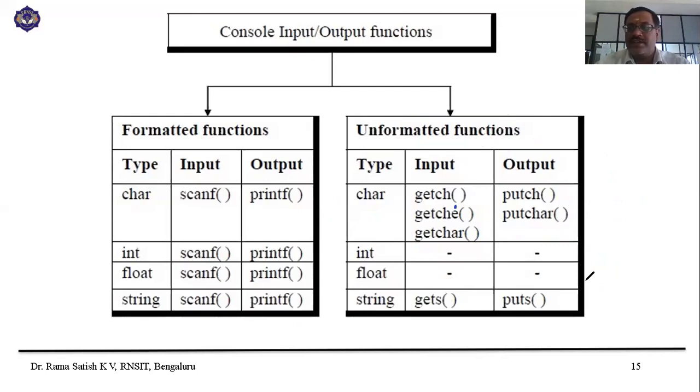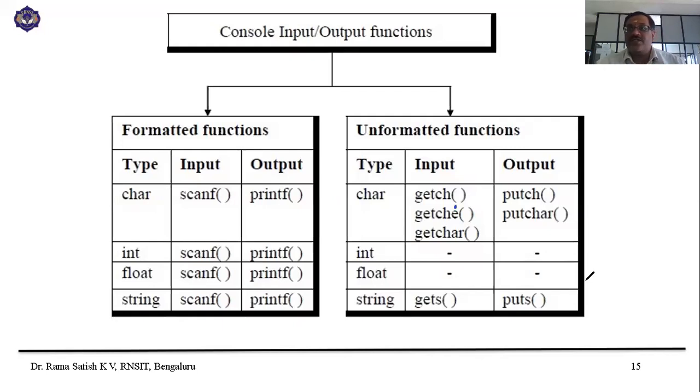Sir, then where is getch used? Very simple. When you are typing a password, can you see the password? No. You cannot see the password. But whatever you are typing will directly go to the variable in memory. Yes, in such cases getch is used.